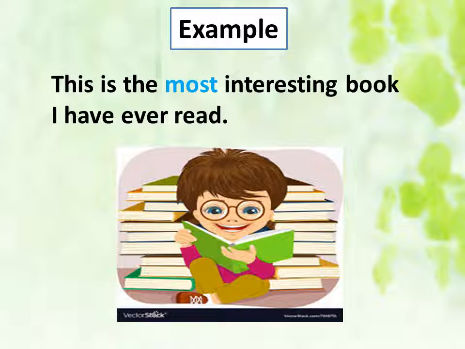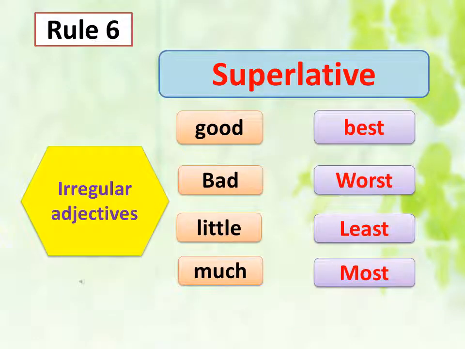Rule number 6, just like the comparative: irregular adjectives. They do not follow the rules; you just memorize them. Good, better in the comparative, best in the superlative. Bad, worst. Little, least.